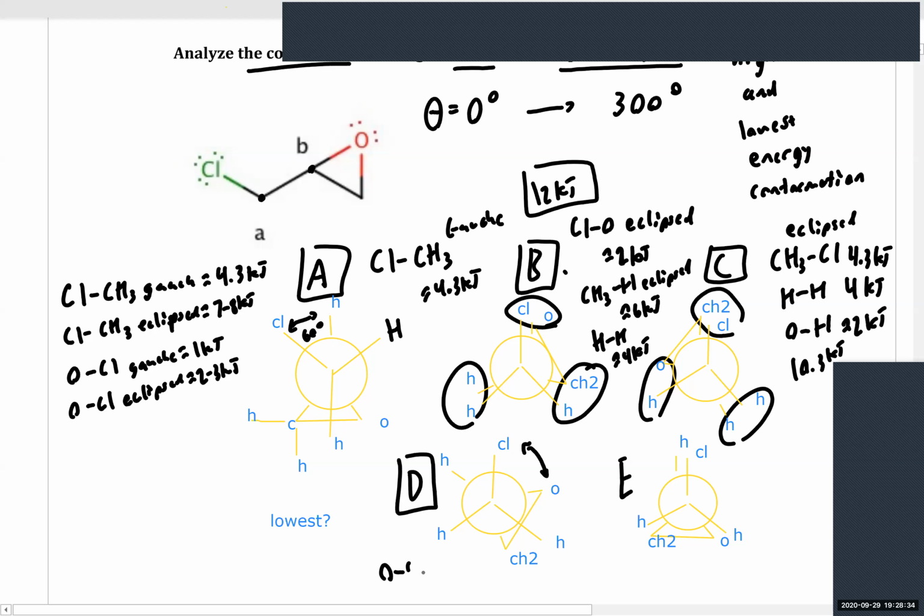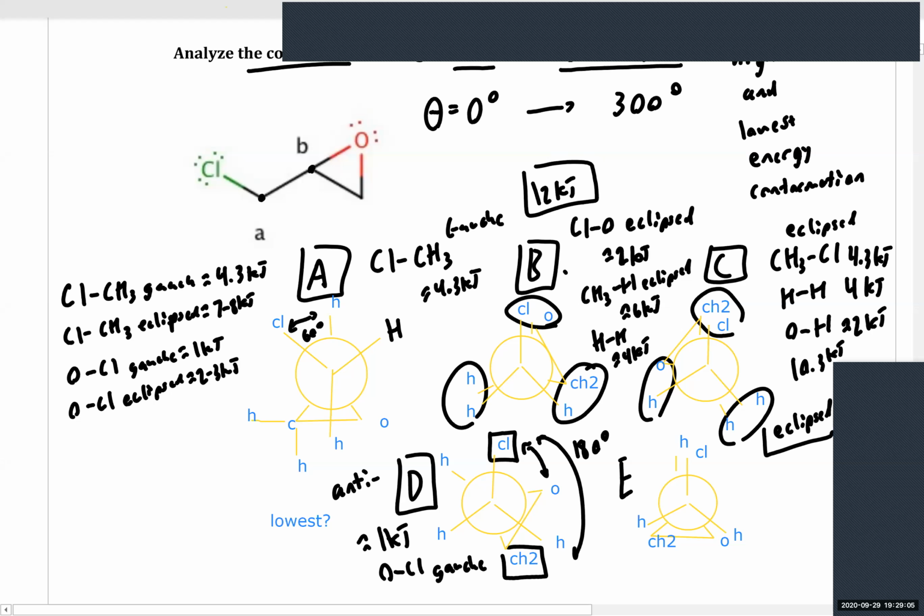We have an oxygen chlorine gauche interaction, which costs us about 1 kilojoule. Notice as well, we have our methylene group and our chlorine separated by 180 degrees. So structure D would be considered our anti-conformation, while structure C would be our eclipsed conformation.